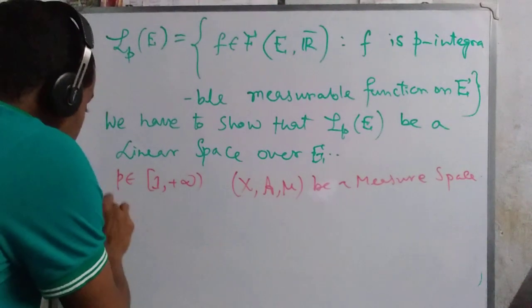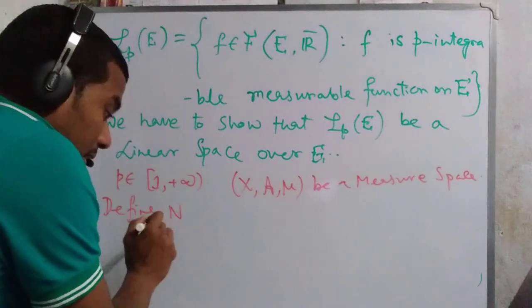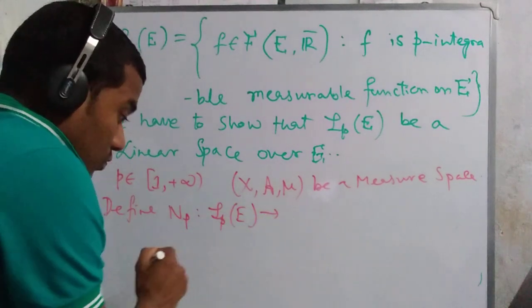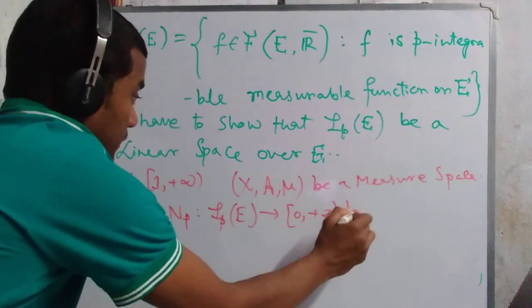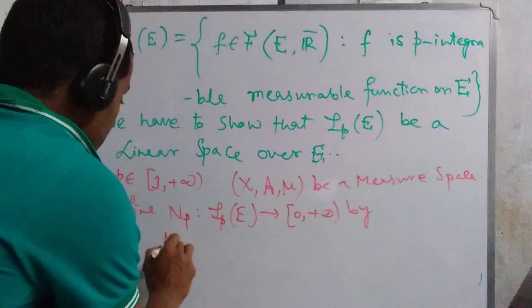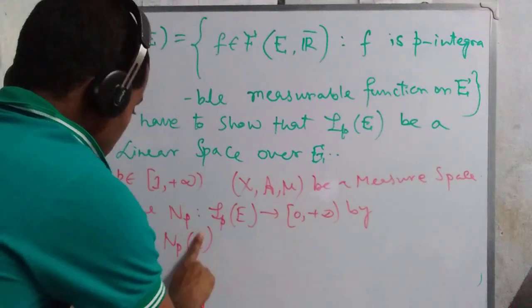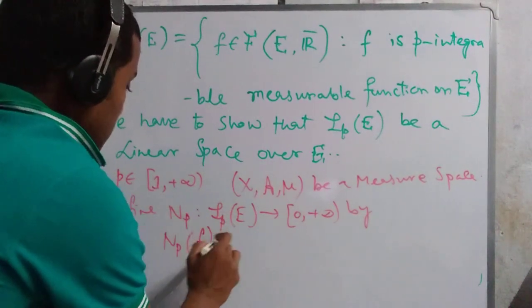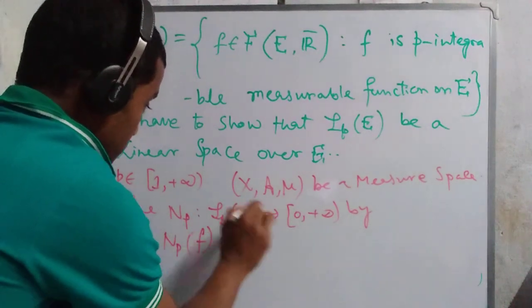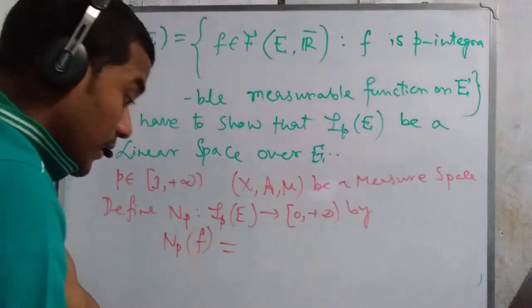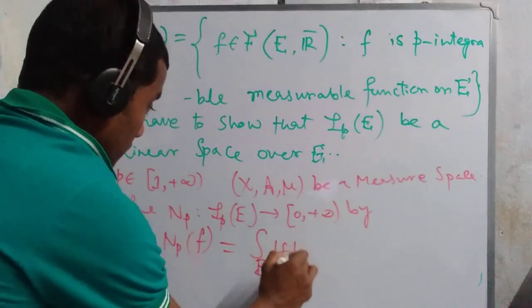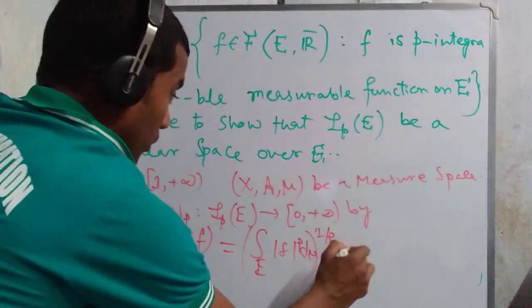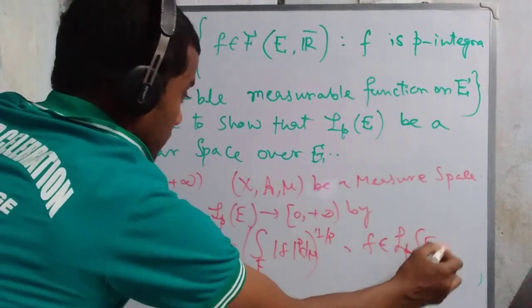Then define a norm N_p from L^p(E) to [0, infinity) by N_p(f) equals the integral over E of |f| to the power p d mu, whole to the power 1/p, for all f belonging to L^p(E).